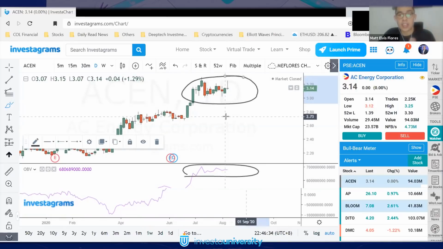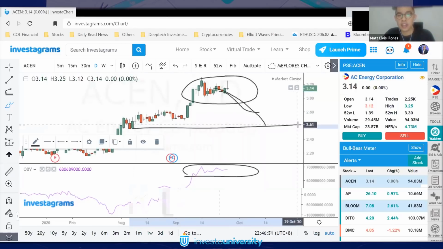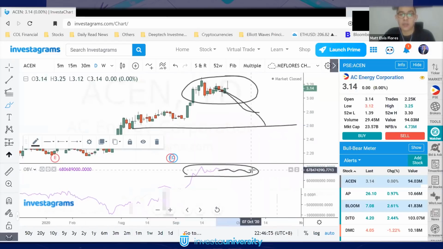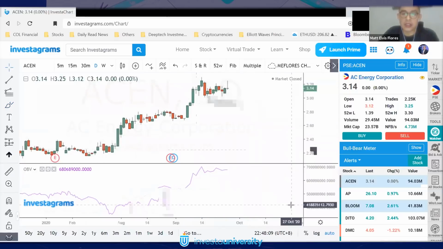However, my concern is, pag nangyaring pababa to, di ba, bumaba all the way here sa 240 or even here, pero yung on-balance volume mo nandyan lang, then we start to think, oy, parang meron ng distribution to ah. Parang hindi na accumulation. Okay? However, if ever yung presyo mo is nandyan lang, okay, let me remove this.